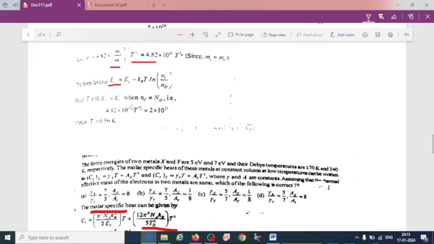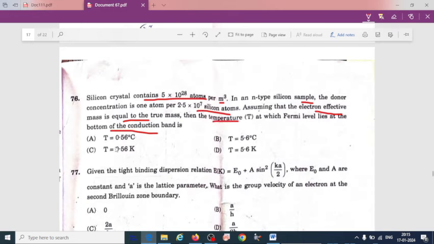Then if n equals C, this temperature is going to be, if we calculate, 0.56 Kelvin. So the answer is 0.56. Degree Celsius also they have given, but Kelvin, so 0.56 Kelvin is the correct answer.